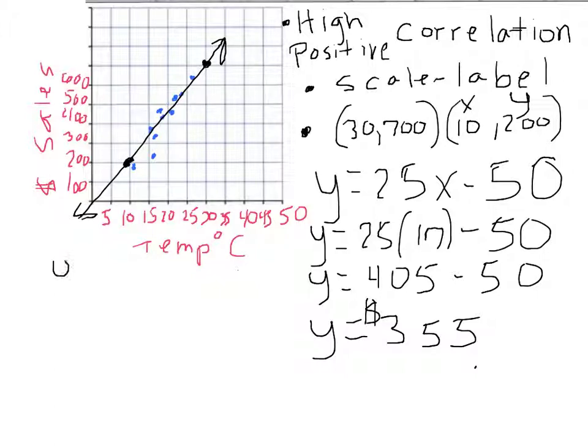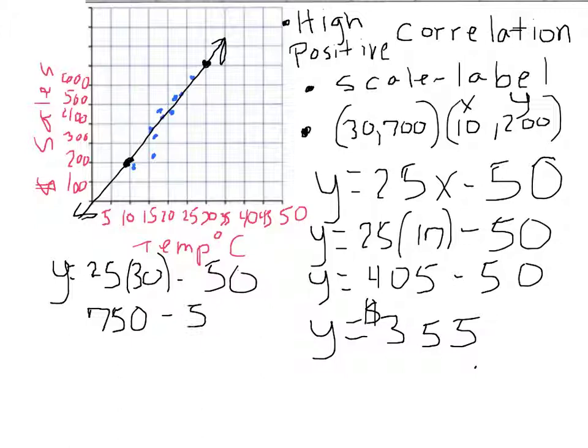So y would equal 25 times 30 minus 50, and 25 times 30 is going to equal 750 minus 50, and we do get 700. But we knew we were going to get that because we already had that point exactly on the graph.